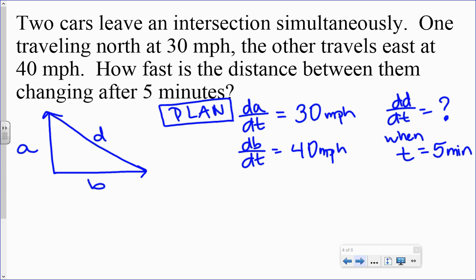So we want to divide by 60, right? Okay. So this would then be 0.5 miles per minute, and 2/3 miles per minute. So maybe I'll make that 1/2. Okay? See what we're doing here? We have to have consistent labels. So hours, minutes, that's not okay in one equation. So now everything is in terms of minutes. Okay.